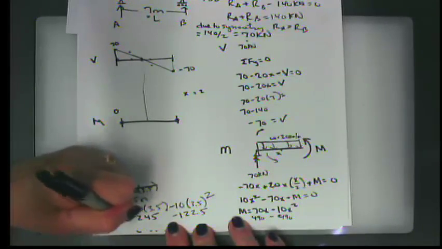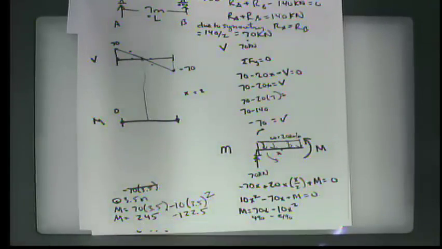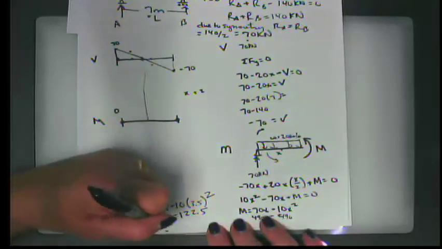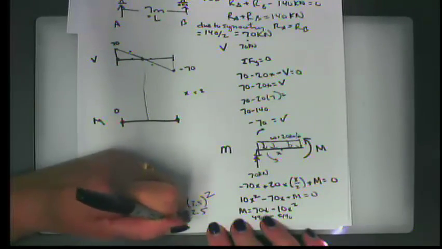So my moment is 245 minus 122.5 in the middle. And that is, oh, it's 122.5. It's exactly half. Okay, so it's a positive 122.5.